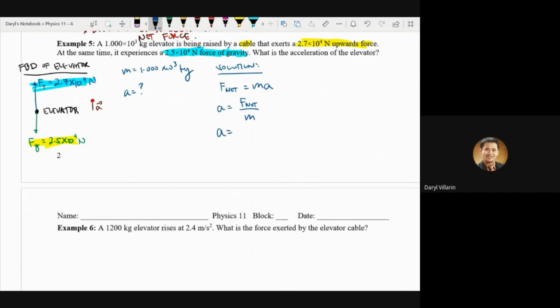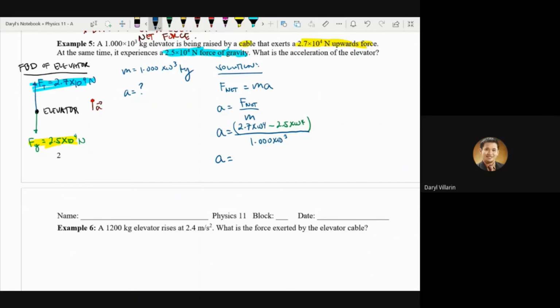So if I'm gonna substitute everything, this is 2.7 times 10 to the power of 4 minus 2.5 times 10 to the power of 4, then the mass is 1.000 times 10 to the power of 3. So everything is given, the force is in Newton, the mass is in kilograms.